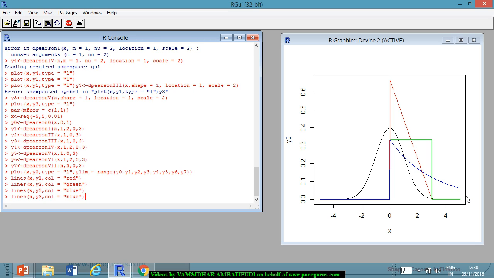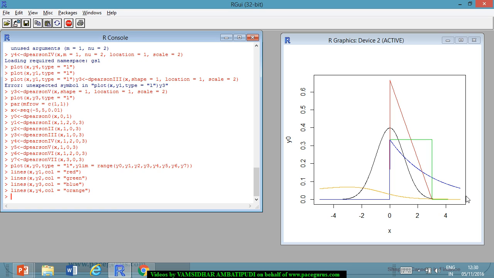Similarly, when I am considering y4, which is that special distribution, if I take it with orange, so this is how the y4 is coming. The special distribution, you could see that there is a lot of tail towards the left compared to the right. Then we are talking about a y5, which is an inverse gamma distribution, which I am looking with a pink.